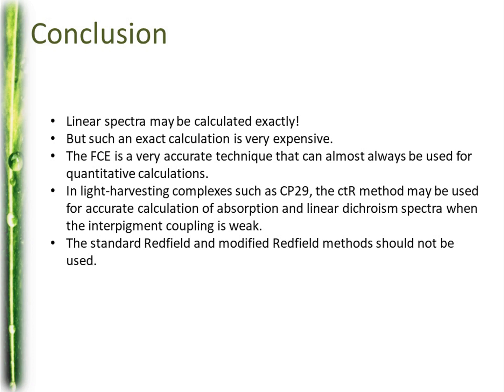In light harvesting complexes such as CP29, the coherent time-dependent Redfield method may be used for accurate calculation of absorption and linear dichroism spectra, but only when the interpigment coupling is weak. The standard Redfield and modified Redfield methods should not be used, however, when a more accurate approach is available.